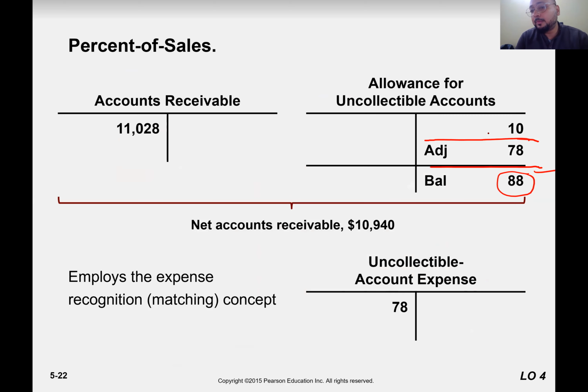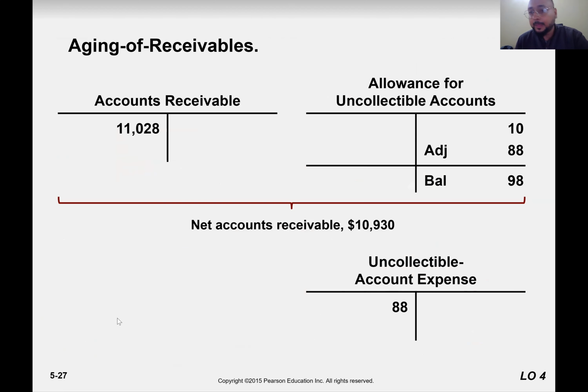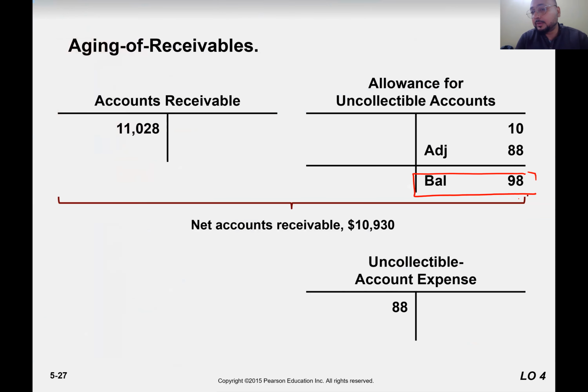And this balance comes from the previous balance plus this year's 78, answer is 88. But for the percentage of aging of account receivable, you find out this balance.